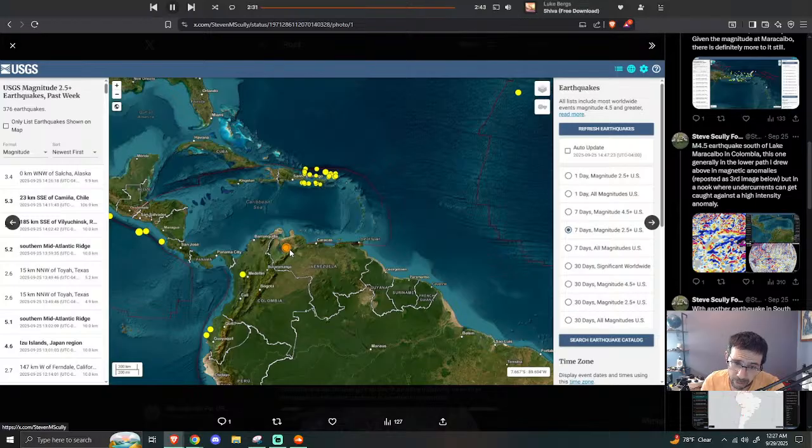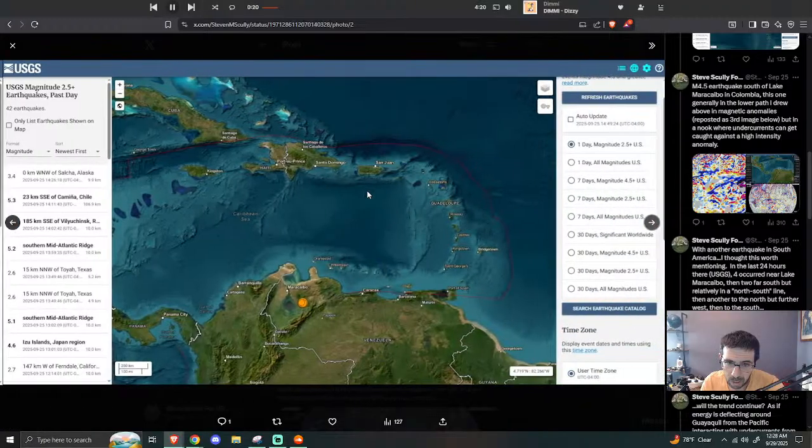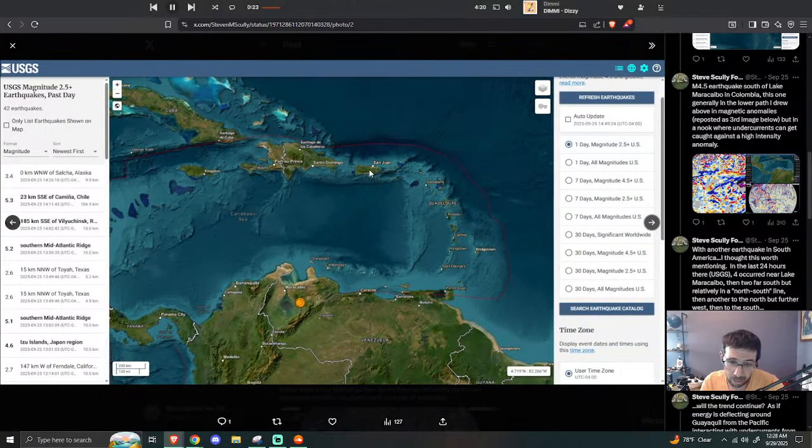And then I noticed when the Maracaibo earthquakes happened that all of the earthquakes up at Puerto Rico, which I never really talk about, Caribbean earthquakes, so this is a first for me, looking at the region a little closer, because they tend to have a lot of small earthquakes that are kind of clustered here. And I noticed they all stopped. Seven days they're all there. One day they're not there.